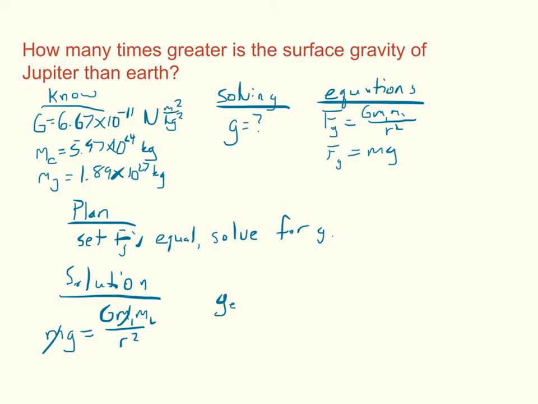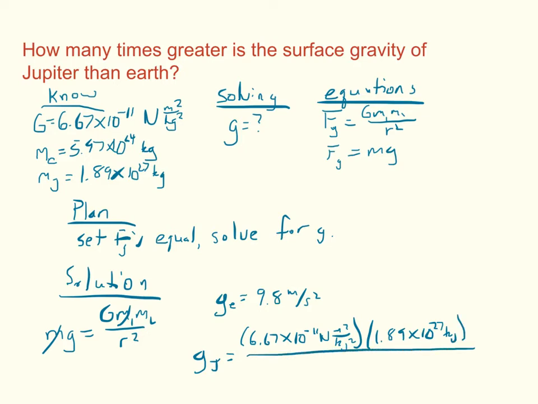So g for Earth, well, let's just skip ahead a little bit. We know that should come out to 9.8 meters per second squared because we're used to using it. So let's just really worry about Jupiter. So Jupiter: 6.67 times 10 to the negative 11th Newton meter squared per kilogram squared, and the mass of Jupiter, 1.89 times 10 to the 27th kilograms, divided by its radius, which if we look that up is approximately 70 million meters, squared.